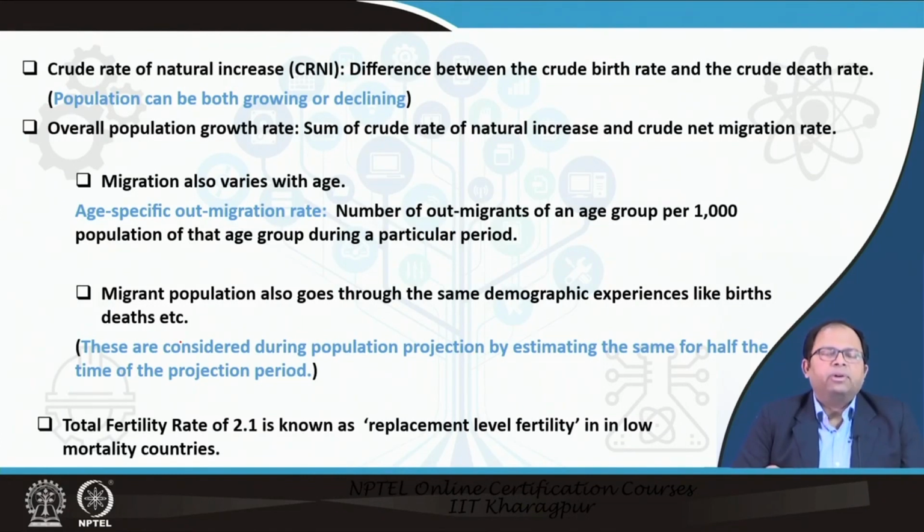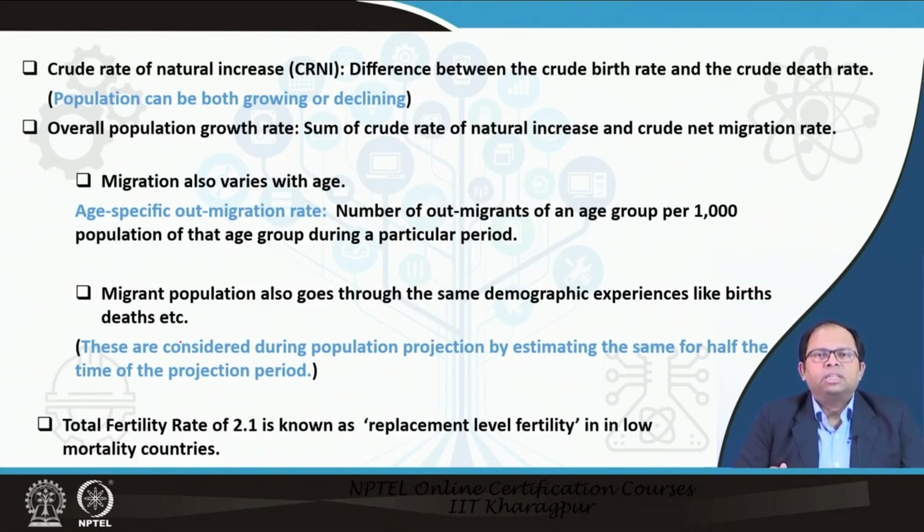When we are estimating these values for a certain time period, for example 10 years, and we have a certain amount of migration coming to a particular urban area, we take the average of that time period. We say that the population projection for these migrants is estimated for half of this time period.